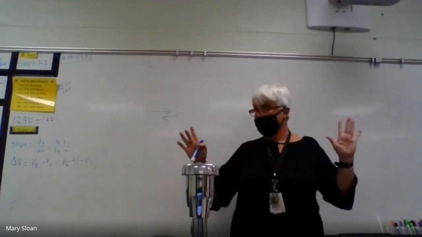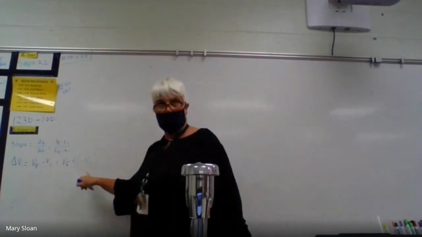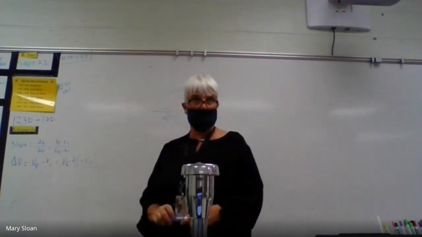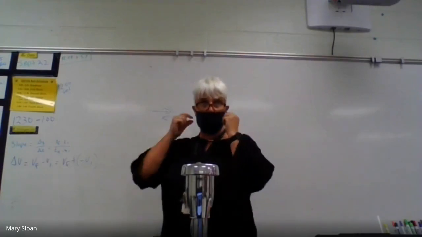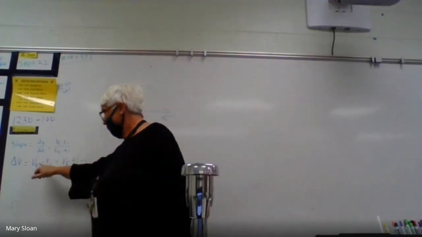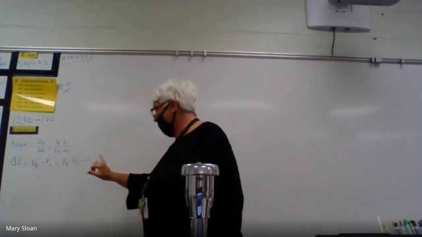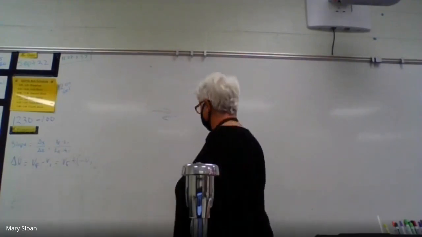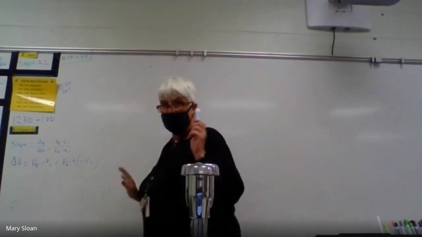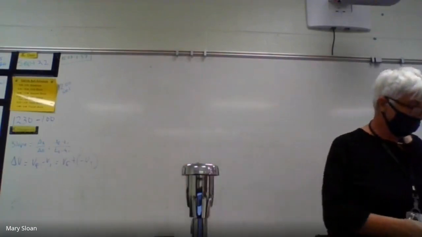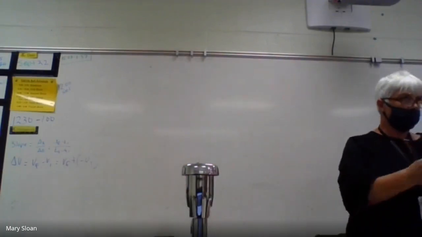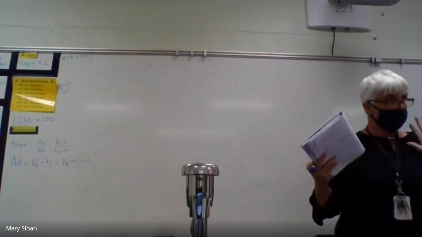So why would we add a negative v1? Because you're going backwards, and you cannot subtract a negative, can you? So that's why you're adding a negative. Everybody good so far? Do you have it in your notes, and did you highlight it? Now, take out your board.